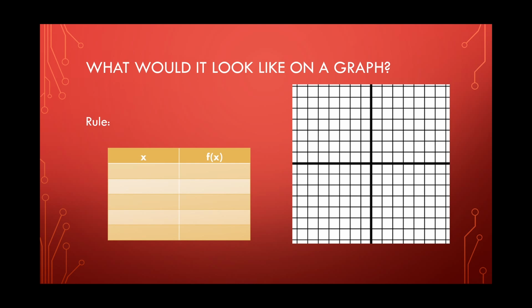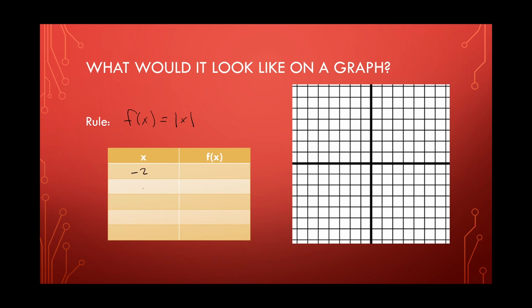What would it look like if I just graphed the rule f of x equals the absolute value of x? This is totally plain. Nothing added, nothing subtracted, nothing multiplied. What does the plain expression or equation look like? This is also called the parent function. This is what it is when it's plain.